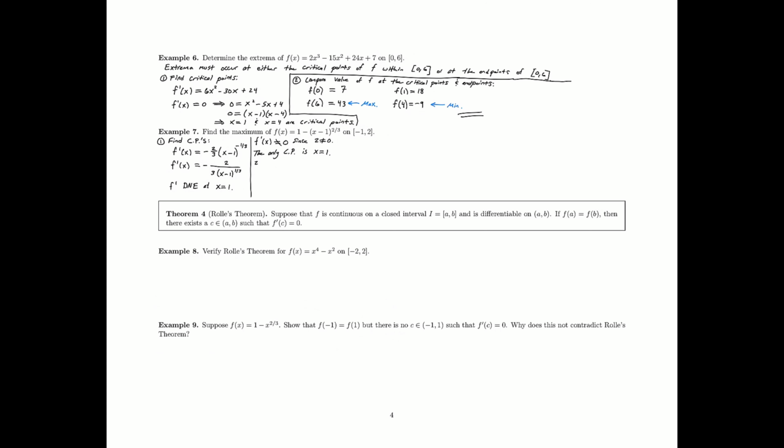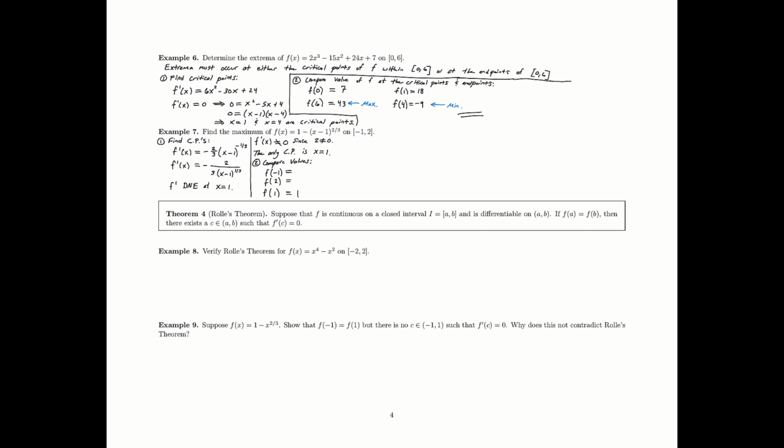So now that we've done that, step 2 is to compare values. So we want to plug in the endpoints of f, so f of -1 and f of 2, as well as f at our critical point. So we already said that f of 1 is equal to 1, so we'll just write that down.